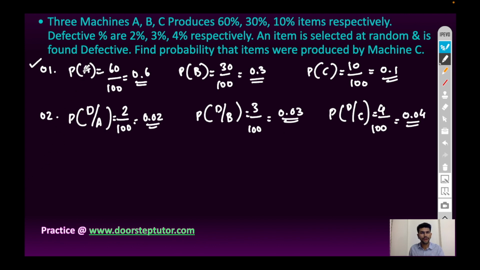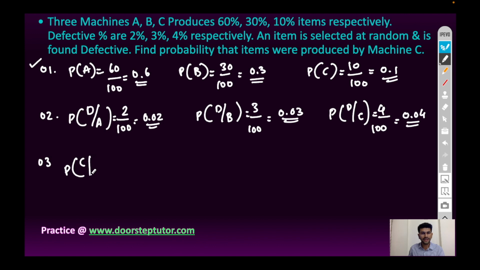Now we have probability of A, B, C, and the probability of selecting a defective item out of machines A, B and C. That is conditional probability. So the third step will be our formula.